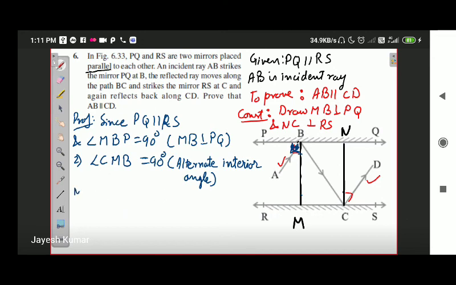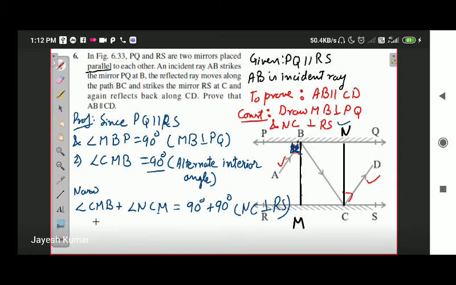Now, angle CMB plus angle NCM equals 90 degrees plus 90 degrees. Why? Angle CMB we already proved is 90 degrees, and angle NCM is also 90 degrees, because we have drawn NC perpendicular to RS. So it equals 180 degrees.